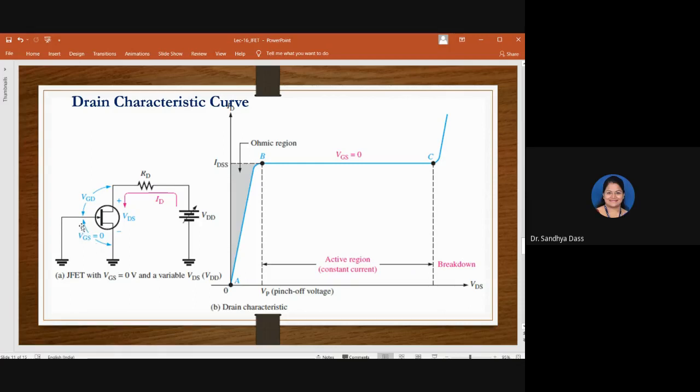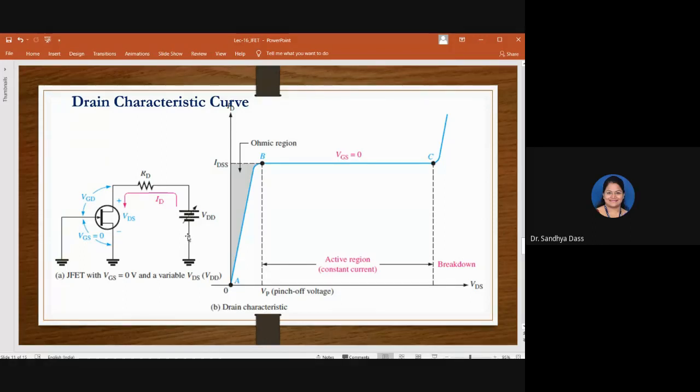Considering the condition that VGS is zero, VDD is applied across drain and source. Mind you, all these different ground terminals indicate a common ground point.